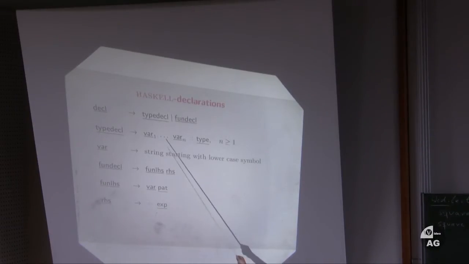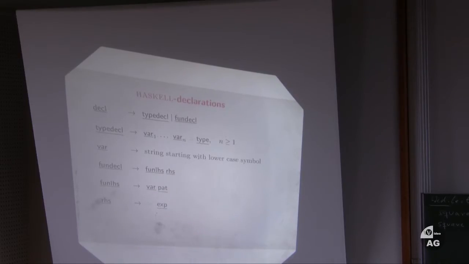Now, what is a variable? A variable syntactically is just a string that starts with a lowercase symbol. We will have strings starting with uppercase symbols later on, and they mean something else. Okay, then what are function declarations? Well, function declarations consist of a function left-hand side and a right-hand side. The function left-hand side is the part that is left of the equality sign. So it's the variable, the name of the function, and a pattern.